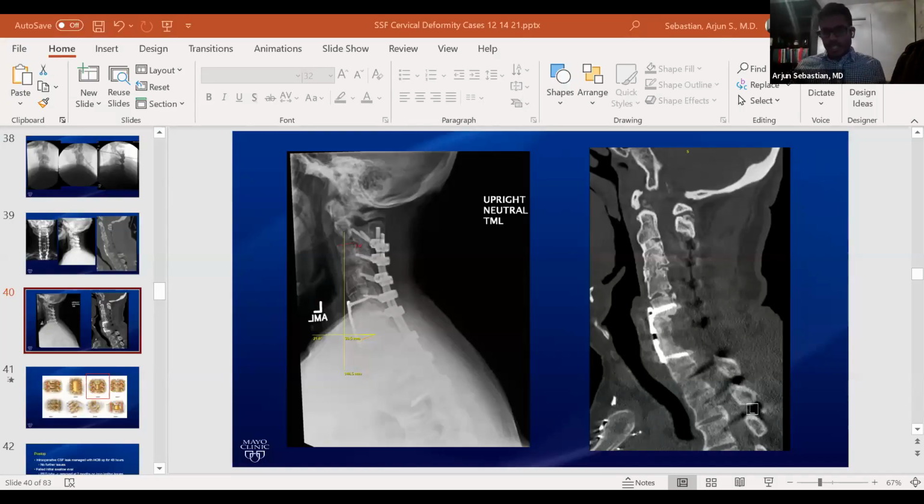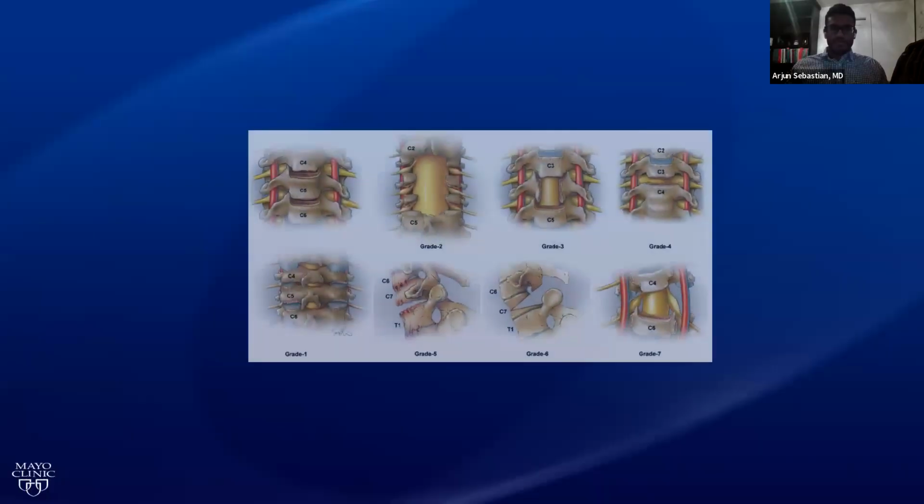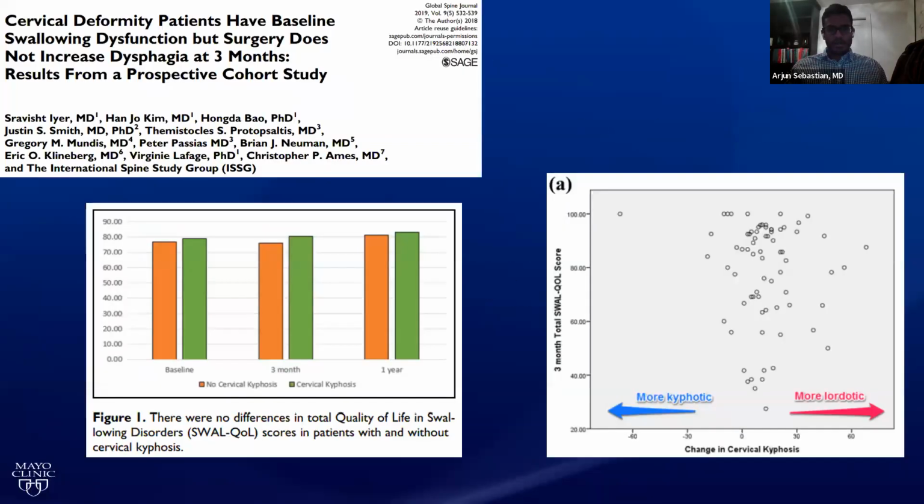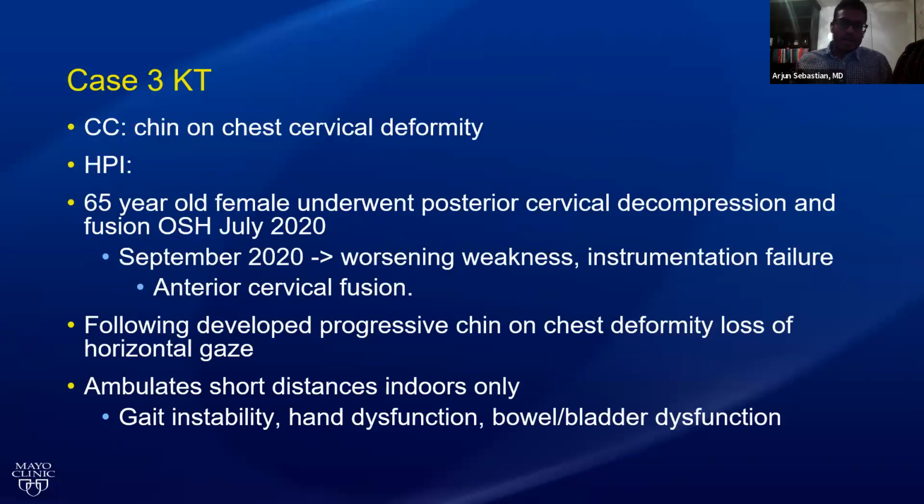So our next case, moving up the deformity ladder here. We talked about a grade 3 osteotomy in this situation. So our case 3 here, KT, is a patient who presented with a more classic chin on chest deformity. She's a 65-year-old female who underwent a posterior instrumented decompression and fusion in July of 2020.